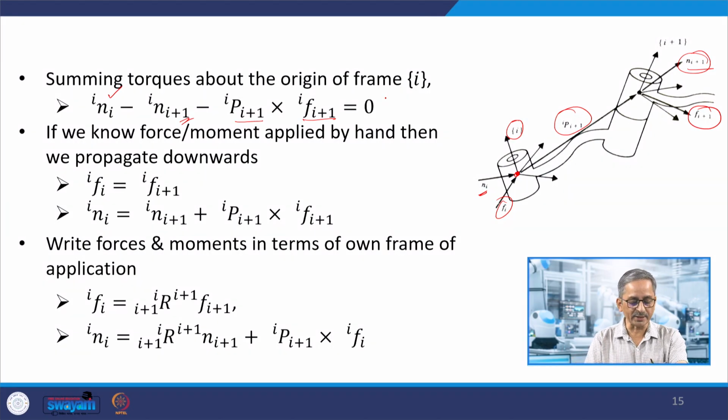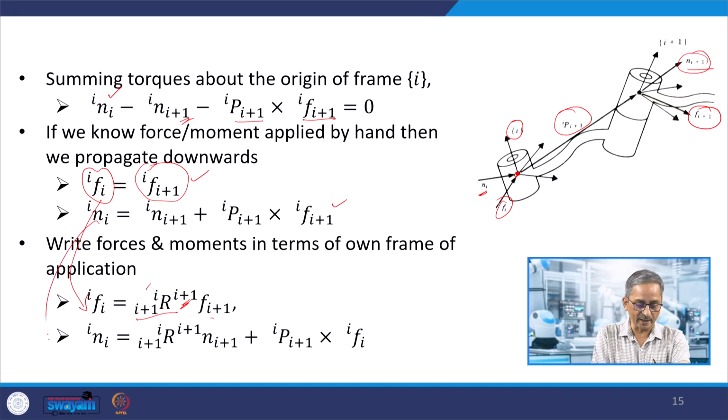So this equation can be written in this form, and this is the force balance and this is the moment balance. And we can write these equations in terms of their own frames. This Fi is of course written in terms of the ith frame only. If I want to write this one in terms of the (i+1)th frame, then I have to carry out a transformation, multiplying with a rotation matrix from i plus 1 to i, so that it is expressed in terms of the (i+1)th frame.